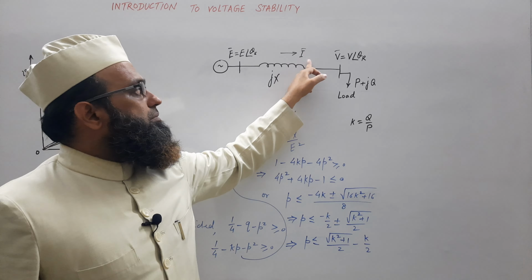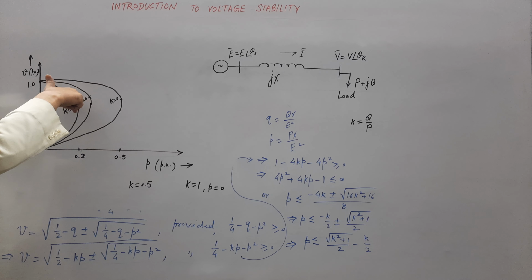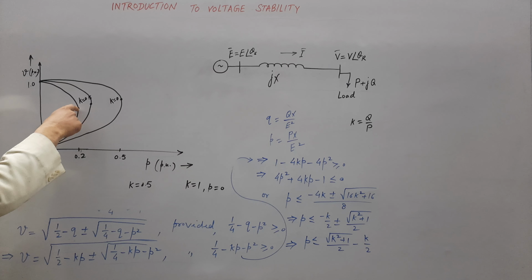Unstable region. So from here to here, this portion corresponds to a stable region, and after that this portion corresponds to an unstable region, and you can observe that voltage decreases drastically to 0. After the critical point, voltage has decreased to 0. This is known as voltage collapse.